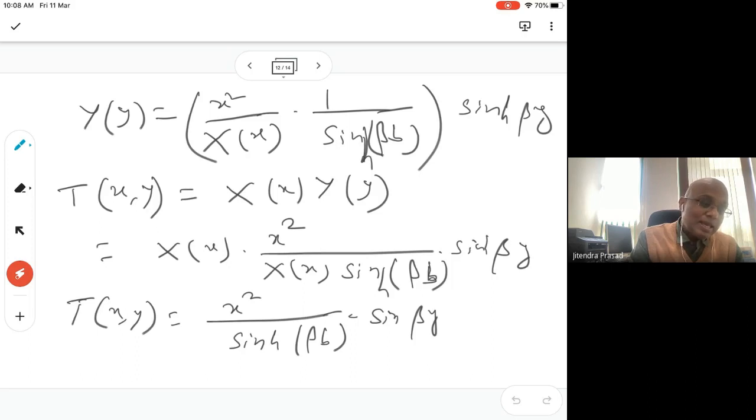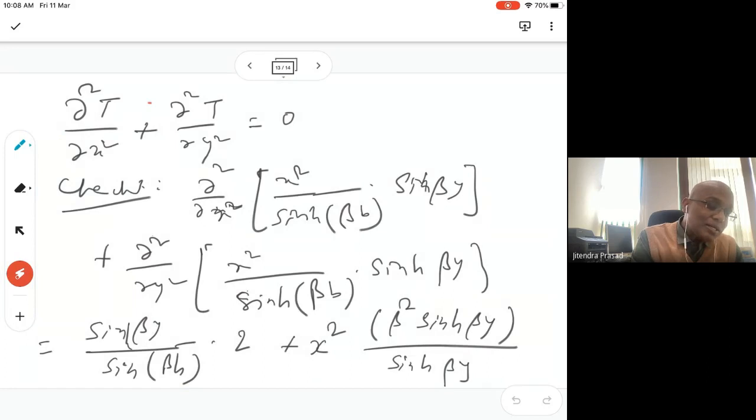In any case, you multiply here and finally get this form. But if you put this value in the original equation, you may not get equal to 0.